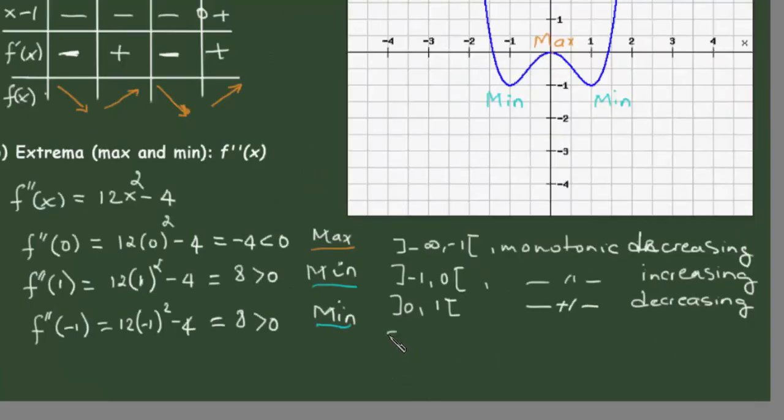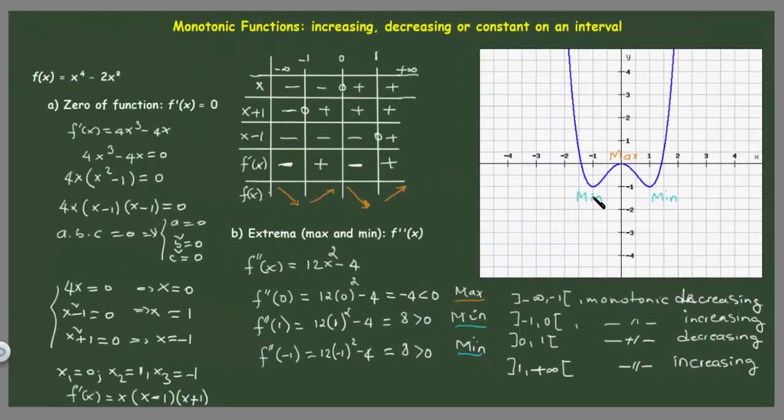And in the interval from 1 to plus infinity, our function is monotonic increasing. And that's for sure what we got in the graph in this clip.